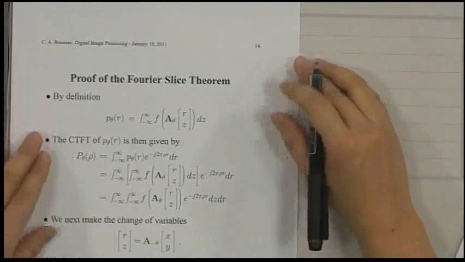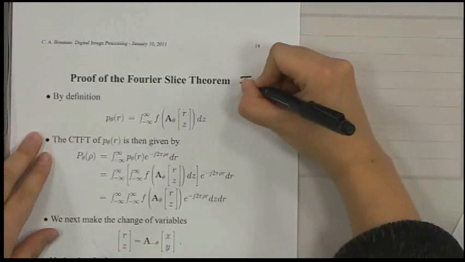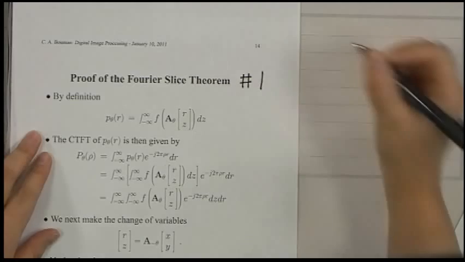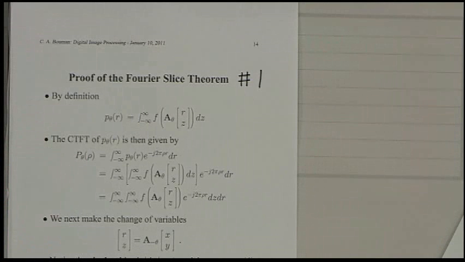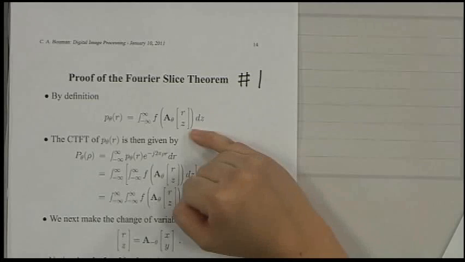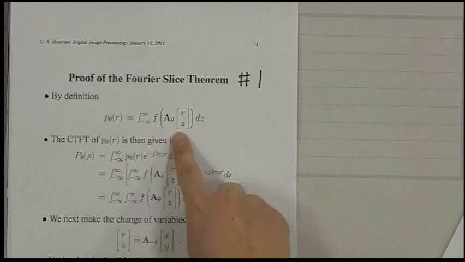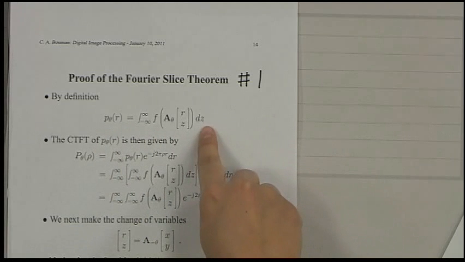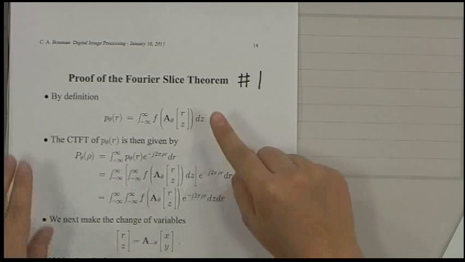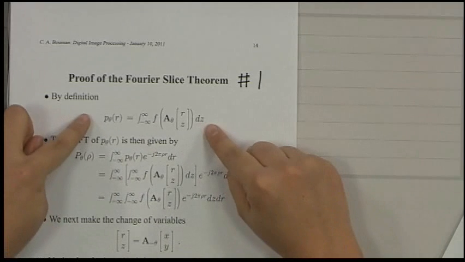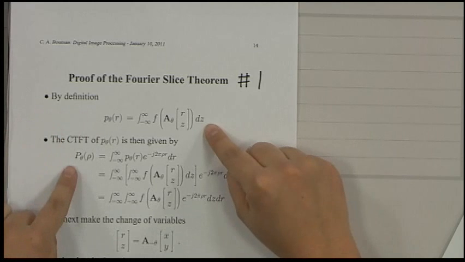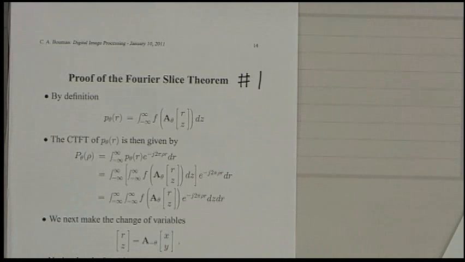So page 14, this is proof number 1. What you need to do is just plug in. First, by definition, p theta r can be described like this. We already saw this equation in the previous note, just the definition of the projection. And then next we take a CTFT of this p.